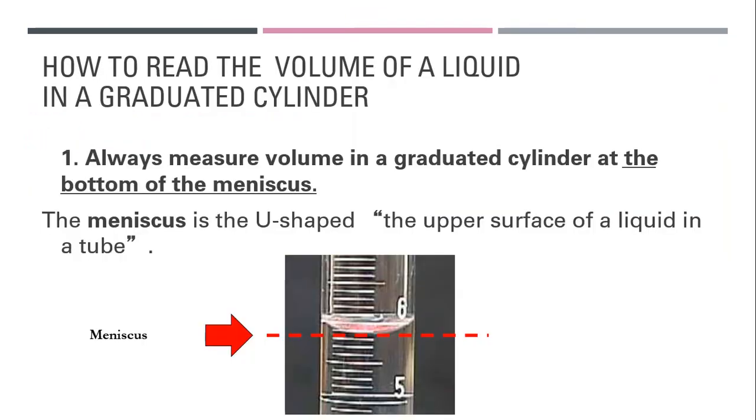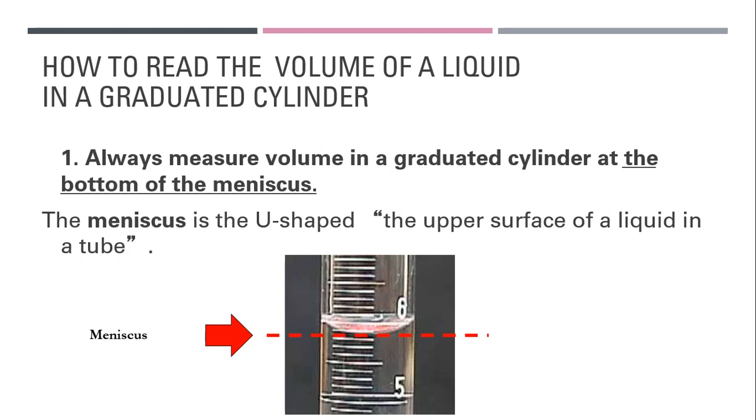Now, regarding measuring the volume of a liquid, I have demonstrated for you that normally the surface of the liquid is not straight, and it forms a curved surface. This surface we call a meniscus. By definition, the meniscus is the U-shape or the curved surface of the liquid.